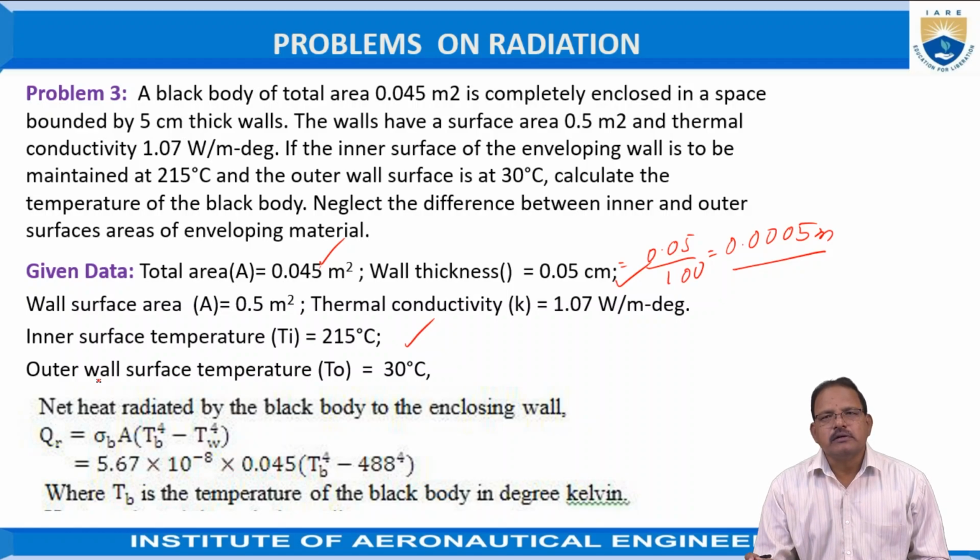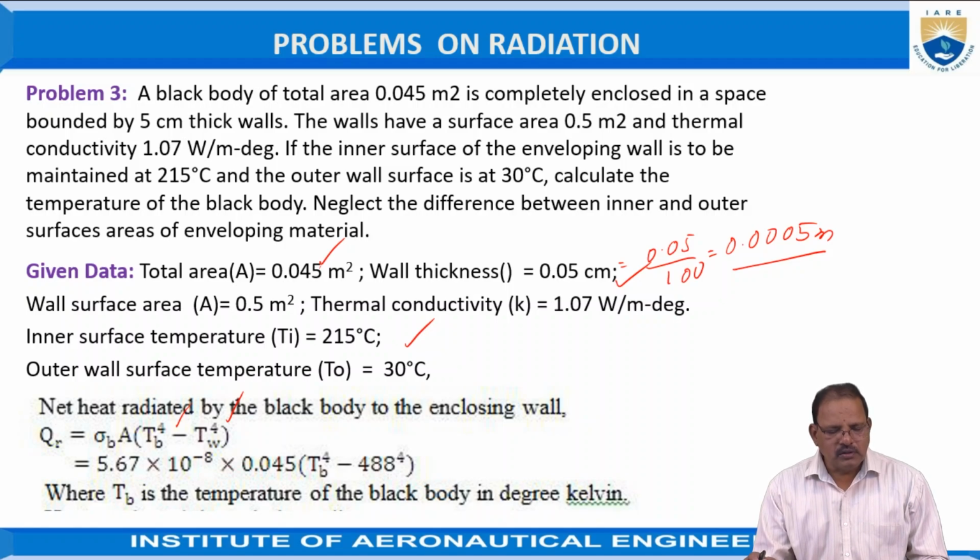The net heat radiated by the black body due to the enclosing wall is given by heat radiation Q equal to sigma B into A into the temperature difference, that is delta T to the power of 4, that means TB to the power of 4 minus TW to the power of 4.